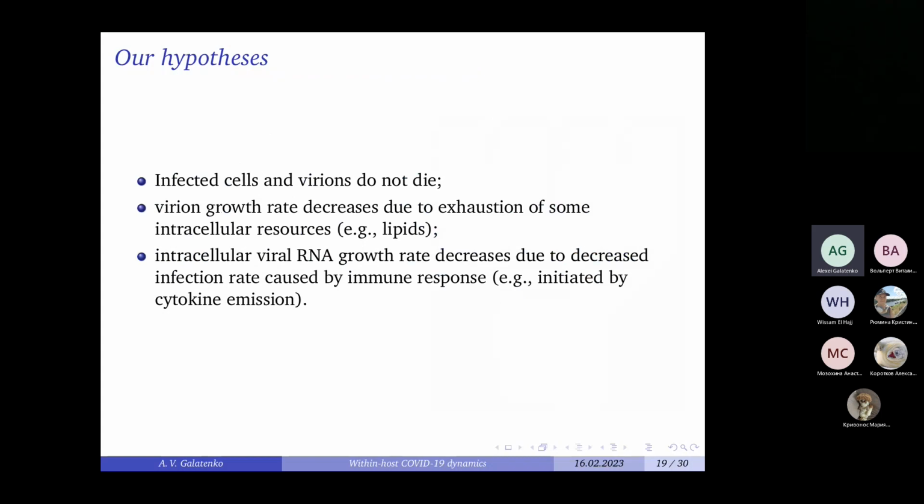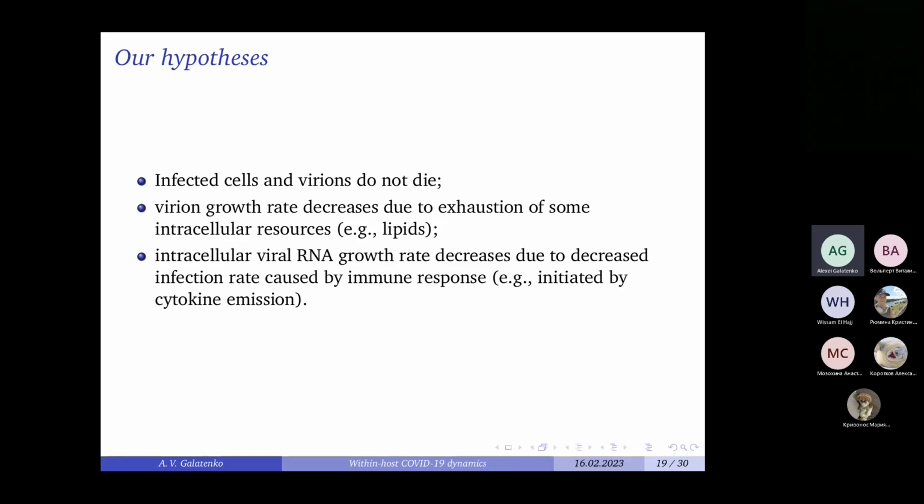Well, our hypothesis, made together with the biological part of our team, are the following. First of all, infected cells and virions do not die. The second one is that the decreased growth rate of the number of viruses is due to the exhaustion of some intracellular resources, for instance, lipids.